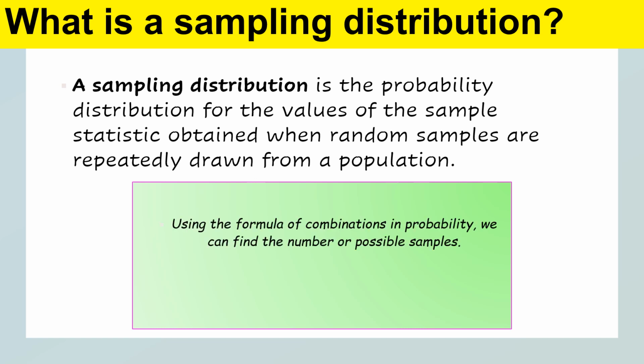So, in this video lesson, we are going to use the formula of combinations in probability, which is N factorial all over N minus r factorial times r factorial, wherein N factorial is the number of population and r factorial is the number of samples.